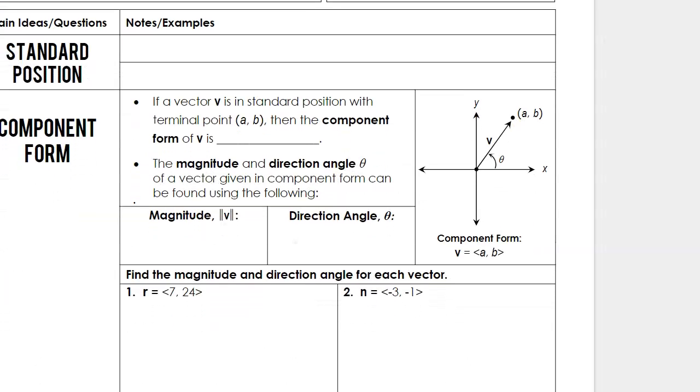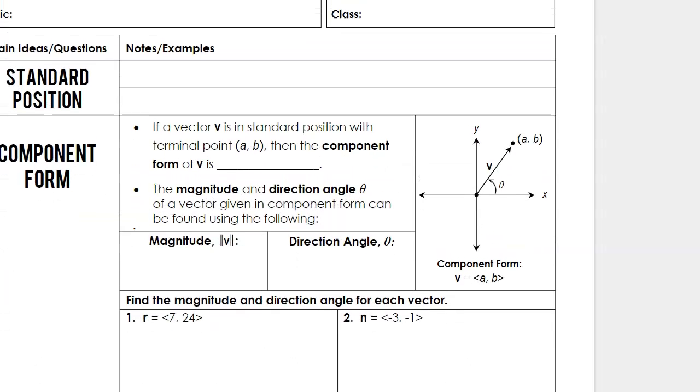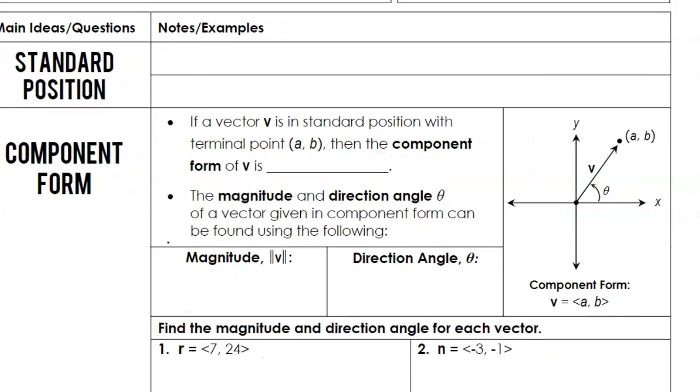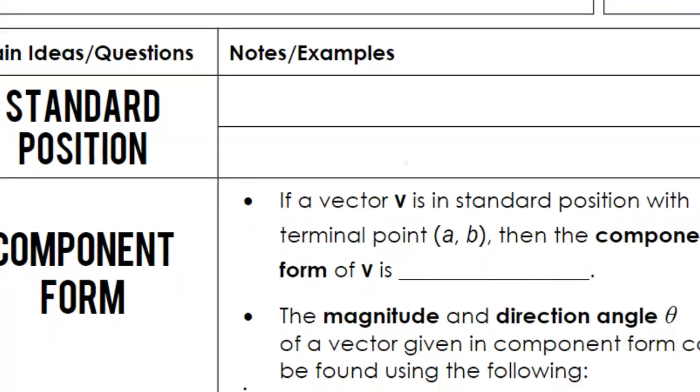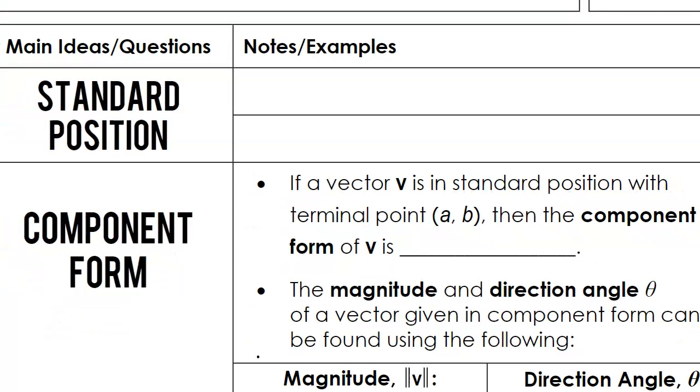All right. So now we're going to think of vectors instead as being in component form. In order to understand component form, we first need to understand what standard position is. If a vector is in standard position, what that means is the initial point, or starting point, is on the origin.